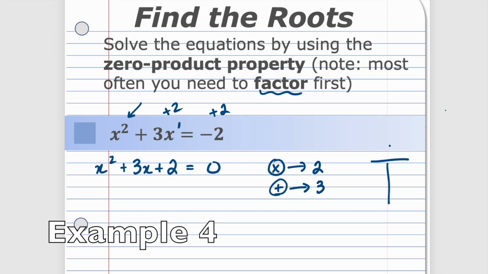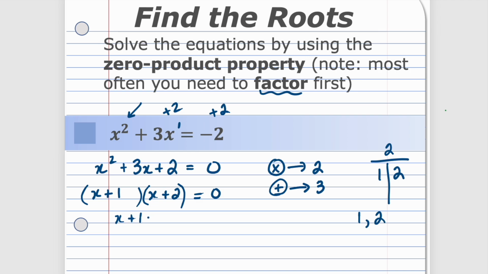That's not so bad. Factors of 2: 1 and 2. 1 and 2 are the two numbers. We have x in the front, plus 1, and plus 2. x plus 1 is equal to 0, or x plus 2 is equal to 0. x is equal to negative 1, or x is equal to negative 2. Two answers.